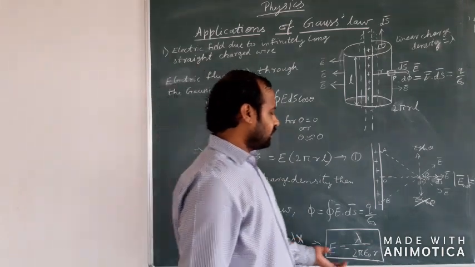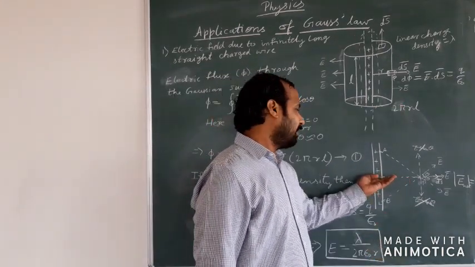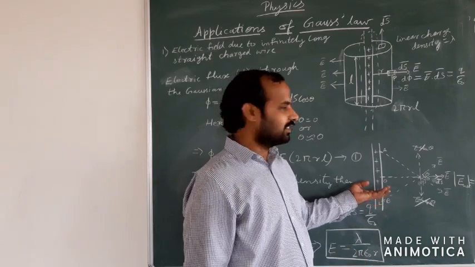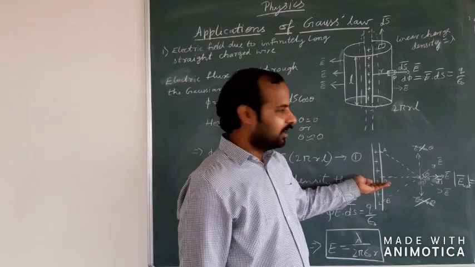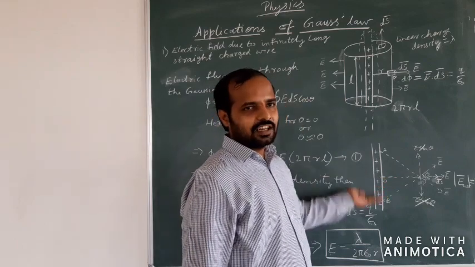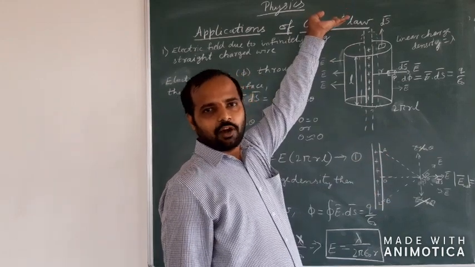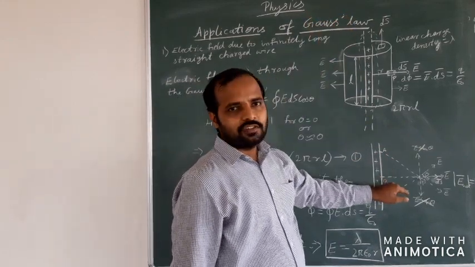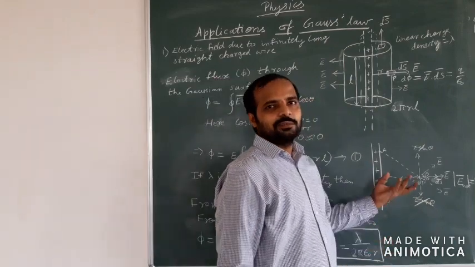So as you can see here, the symmetry of the conductor about a central point O, since I am taking O as an arbitrary central point, we can assume that since the conductor is of infinite length, whatever length I have above this point, the same amount of length I have below this point as well. In which case, this figure becomes a symmetric figure.